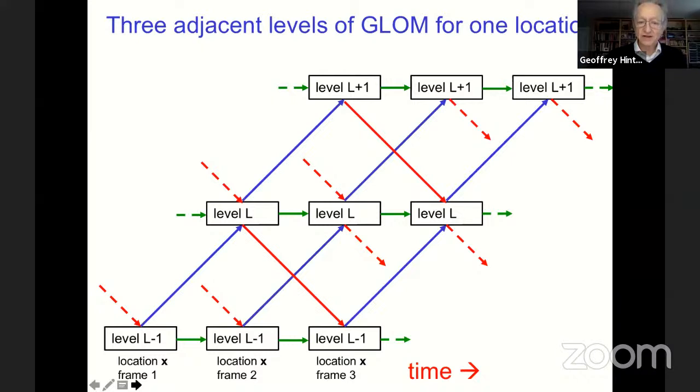This is a recurrent net. So if you look at the 3 diagonal blue arrows in the bottom row between level L-1 and level L, that's the same network being used again and again. Those weights are the same, right? A vertical time slice here is time. There's also a top-down model. So if you look at level L+1, there's a red arrow that goes down to level L, and that's happening all the time too, at each time step.